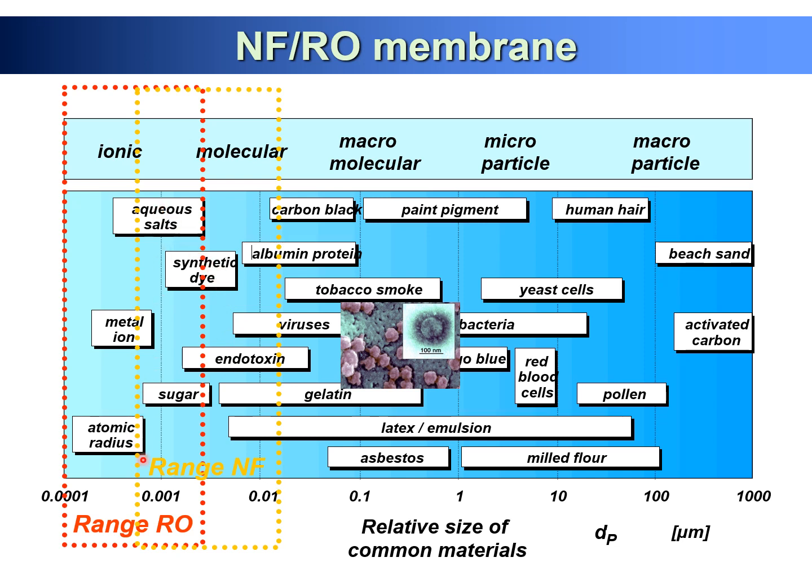And when you try to remove sodium chloride, which is the most abundant salt in seawater, and the metal ions and atomic radius, sodium's size is almost 0.6 nanometer, and chloride is a little bit bigger.